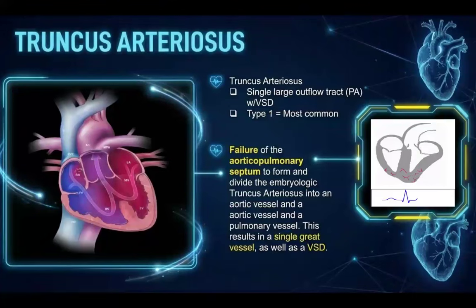Now with this one, remember the neural crest cells should go into the truncus and cause this separation, but something went wrong there. There was a failure of this trunk to separate, because remember, it starts off as a single tube, but it should separate, and it did not in this case. So it resulted in both a common trunk as well as a VSD.